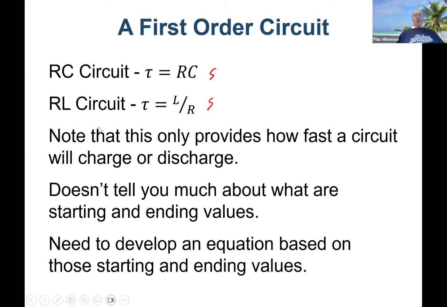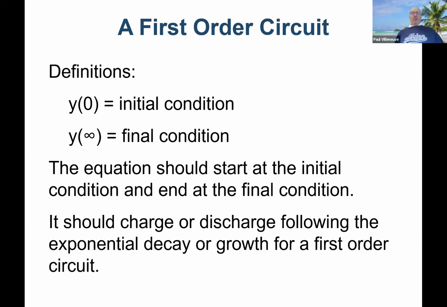But it doesn't tell you a whole heck of a lot about how we start and how we end. So let's define a couple of cases. We're going to define y of 0, and we just call it y because it could be voltage or current. So we're not going to say v of 0 or i of 0. We'll just call it y, and then you can substitute v and i as necessary.